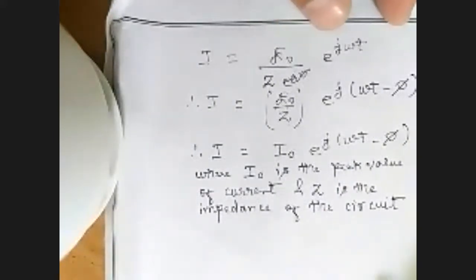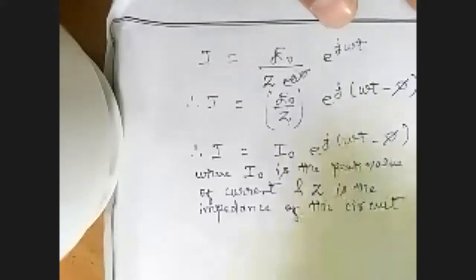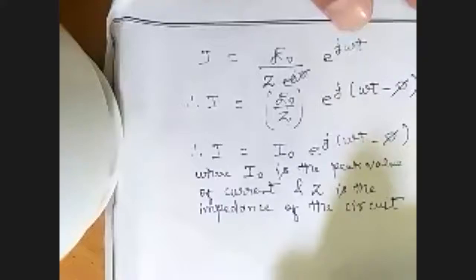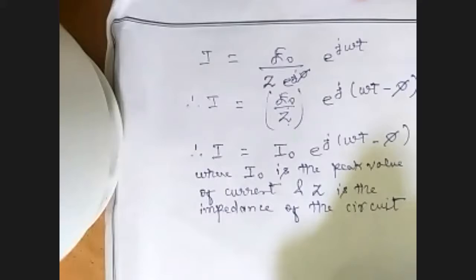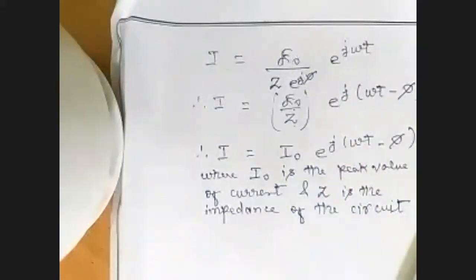So the third equation is the equation which says that current in a series LCR circuit has some phase difference, and this phase difference is given by phi, which is equal to tan inverse of XL minus XC divided by R. So what can one conclude from this equation?